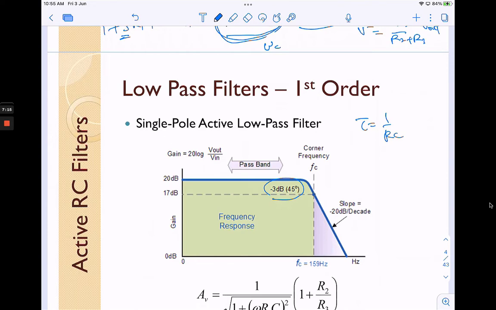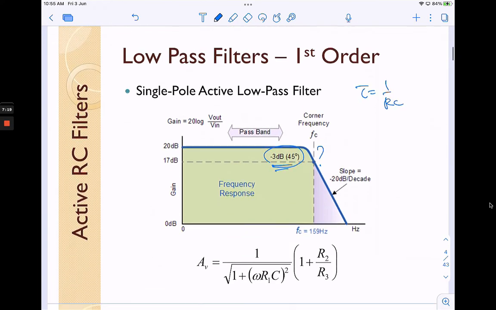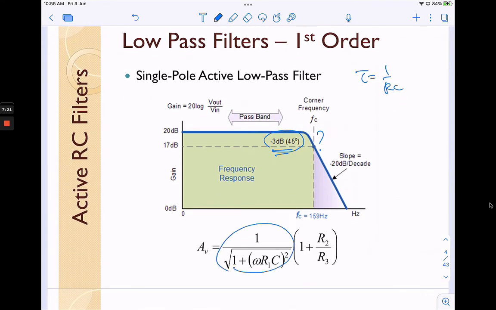And how do you actually get 3 decibels? This actually comes from this term. Okay, so the maximum. When we find the cutoff frequency, we put the time constant into the omega.